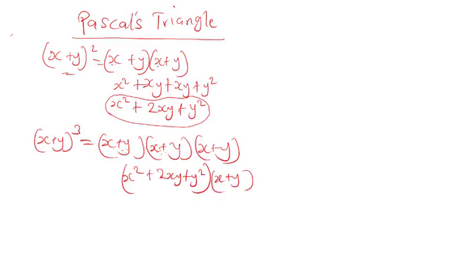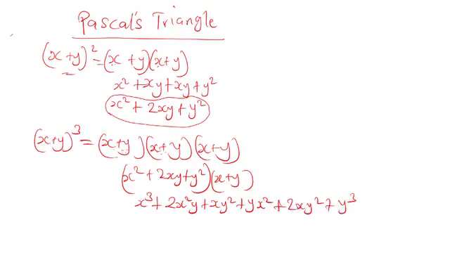So if we start multiplying this, x times x squared is x cubed, x times this is plus 2x squared y plus xy squared. Then y times this is plus yx squared. Y times this again is plus 2xy squared. Then this plus y cubed.